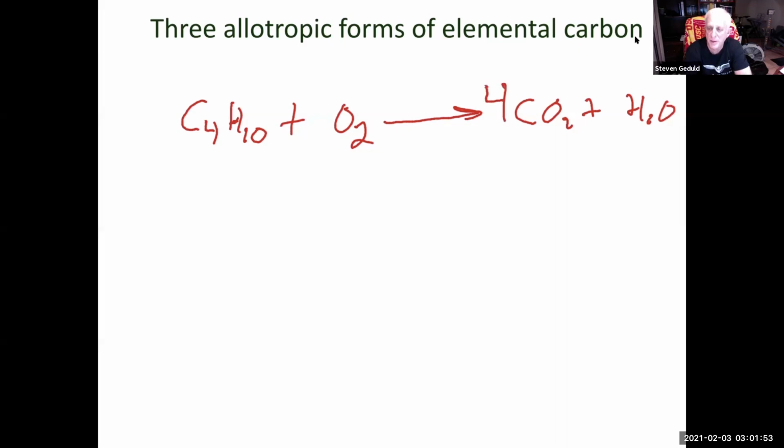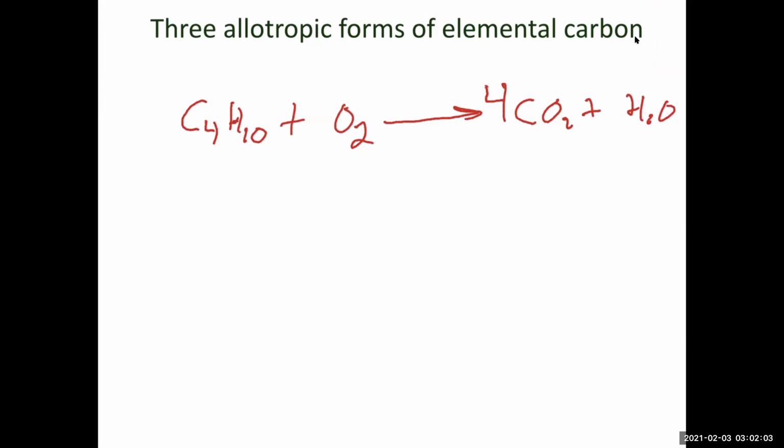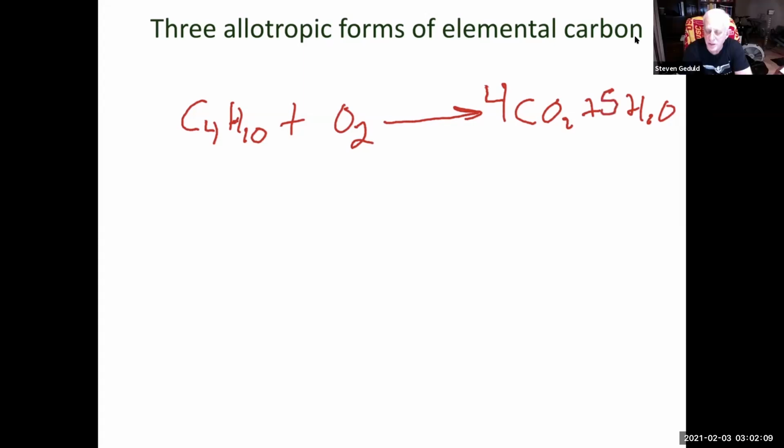There are 4 carbons. Check our hydrogen. How many hydrogens on the left? 10. How do I make the hydrogen 10 on the right? 5. Put a 5 in front of the water. Now I balance our oxygen. How many oxygens on the left-hand side?